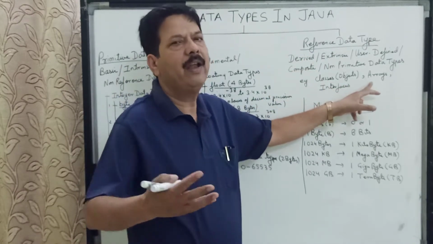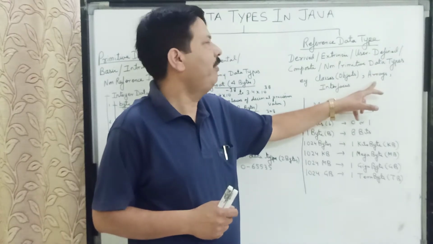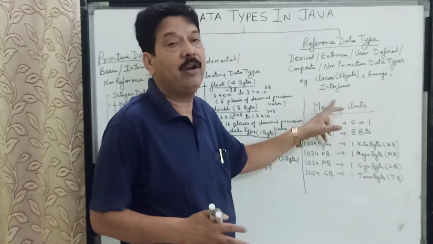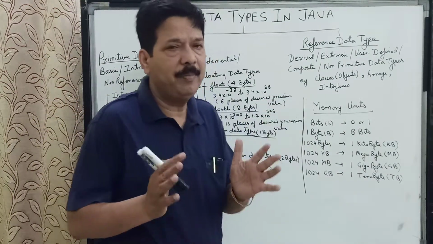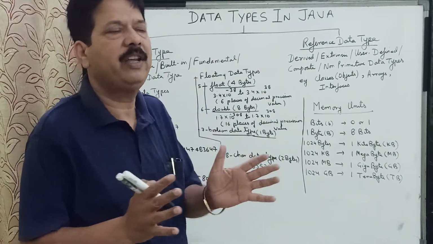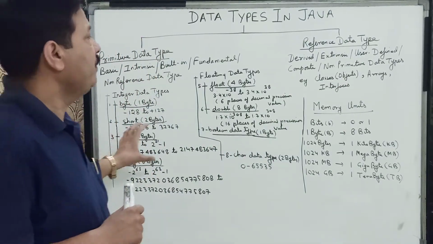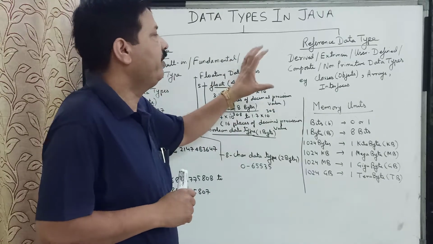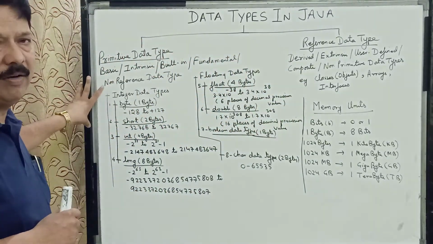Arrays are another sort of data in computers, that is also a reference data type. And interfaces are also reference data types, and this reference data type is made by the combination of different characters. So character is a primitive data type. Now children, before we study the reference data type, we must know the different primitive data types.